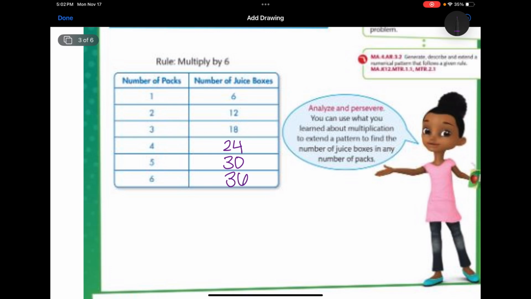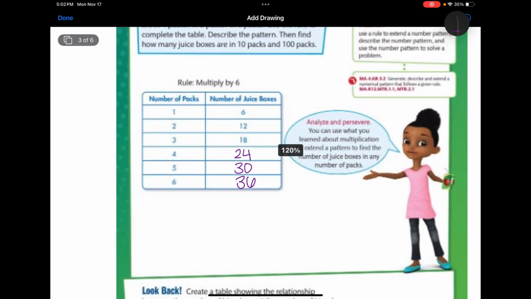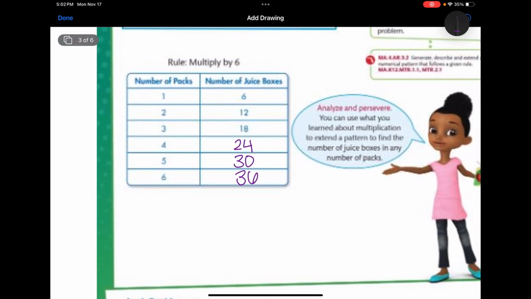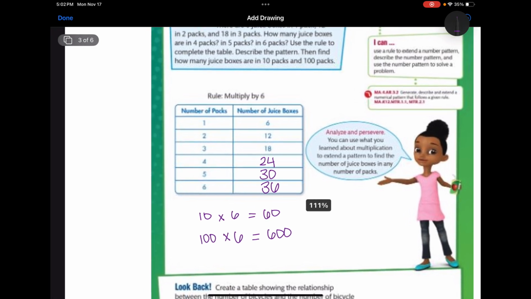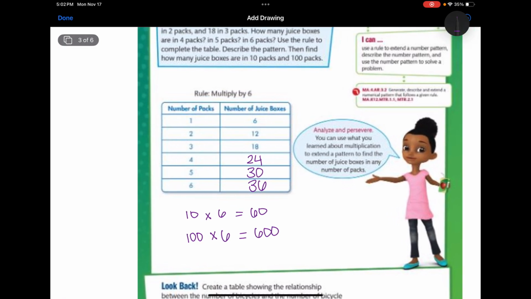So it wants to know what would happen if I had 10 packs. Well, I would just continue the pattern and I would do 10 times 6 and I would get 60 juice boxes. And if I had 100, I would do 100 times 6 and I would get 600 juice boxes. So what is the pattern that happens each time?